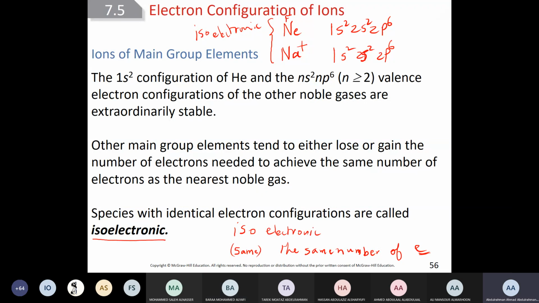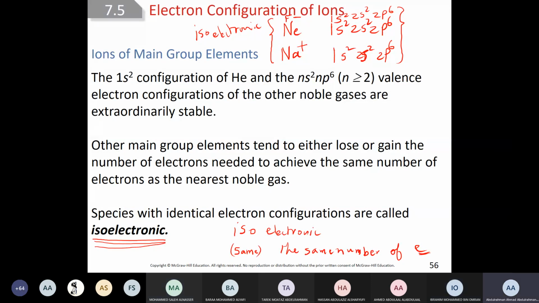How about F minus? 2p6. Is there a relation between these three atoms? Yes. They have the same number of electrons. They are isoelectronic. Is this clear?